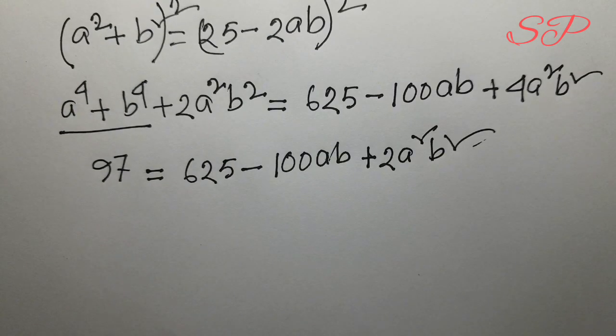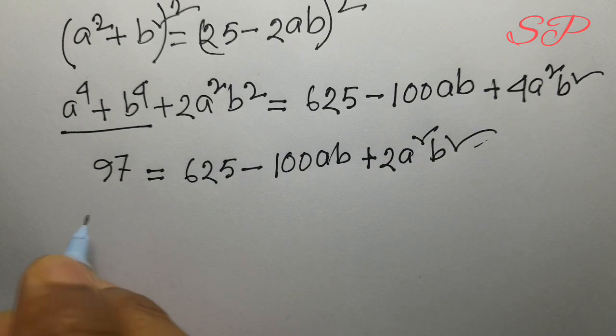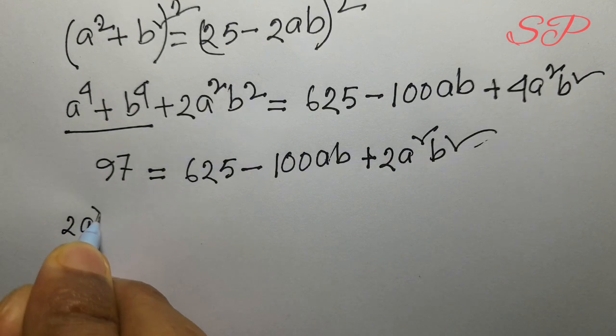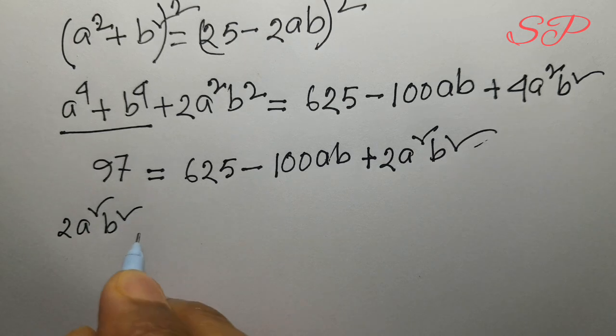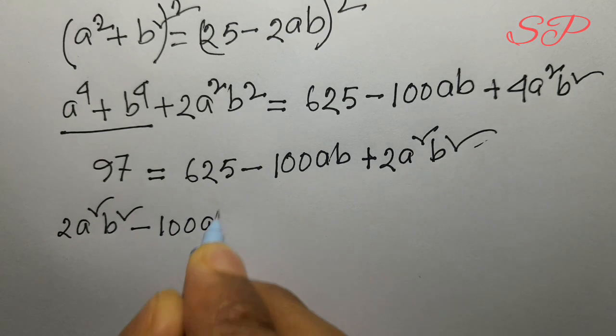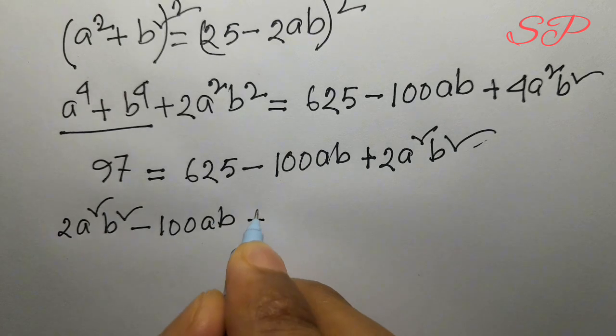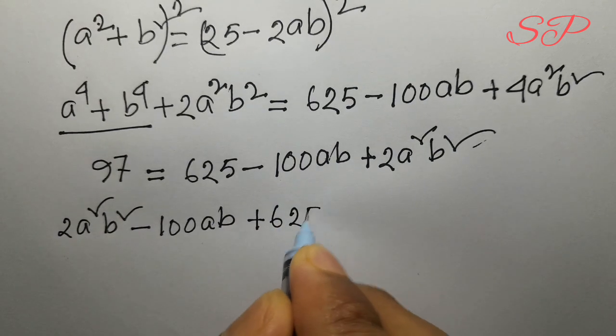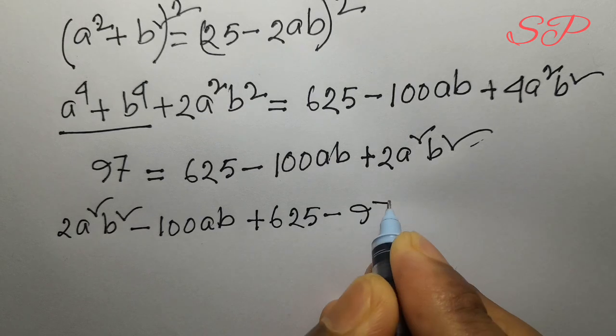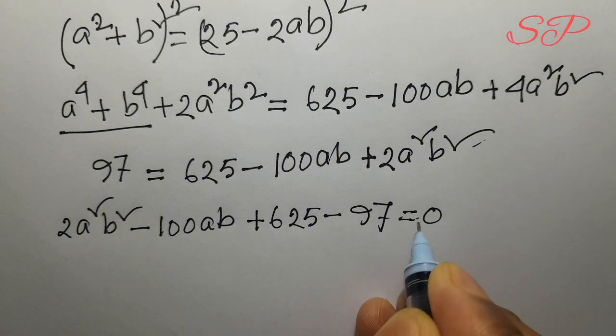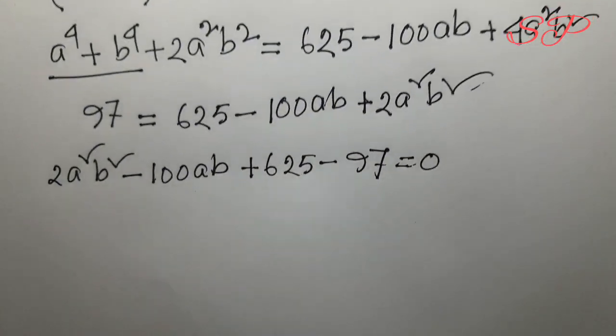So we can write the next step: 2a square b square minus 100ab plus 625 minus 97 is equal to 0.